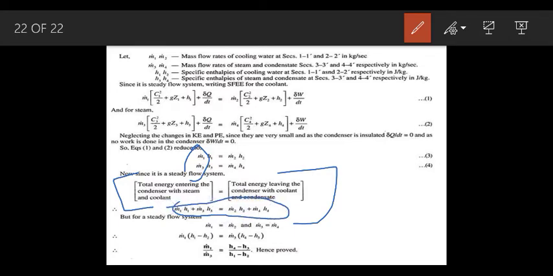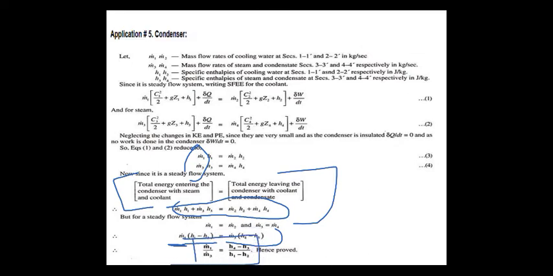Now the m values we have taken as equal, so when we take m1 common, we will get h1 minus h2, and then m3 times h4 minus h3. After solving this, we will get the final result as this one. So this is the steady state energy equation for the condenser.